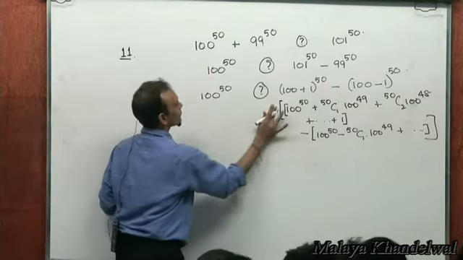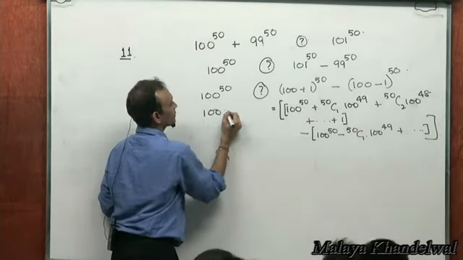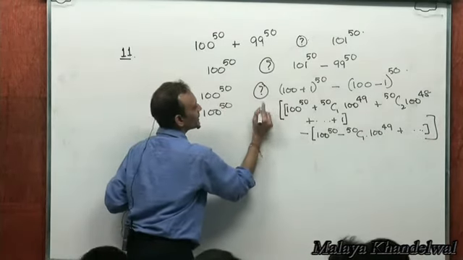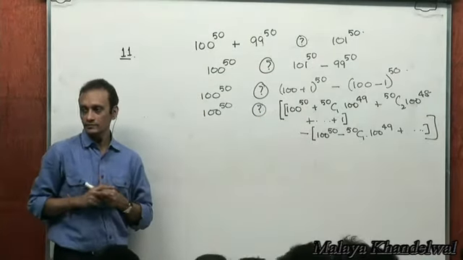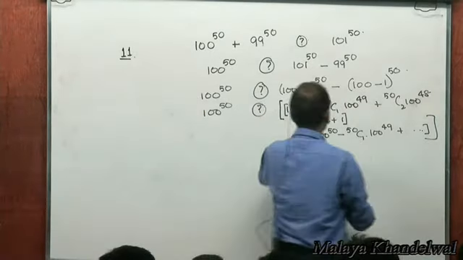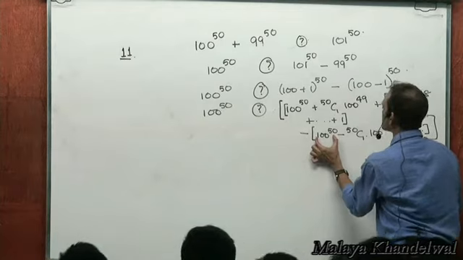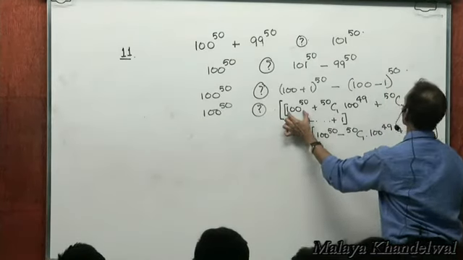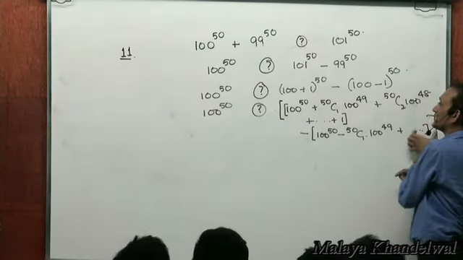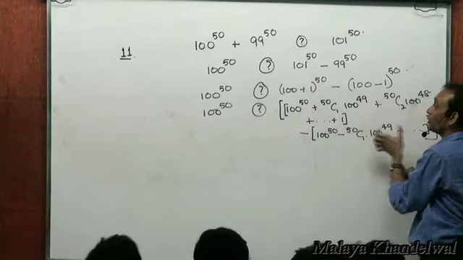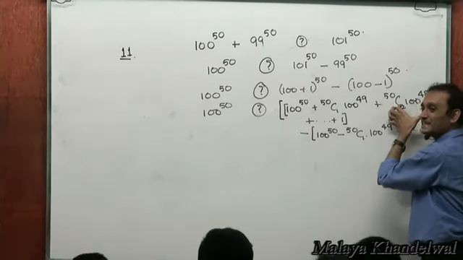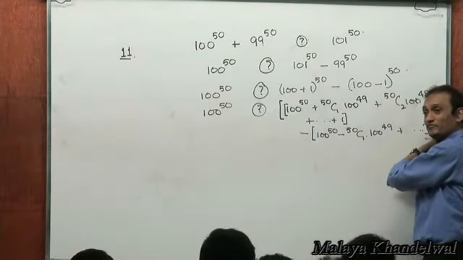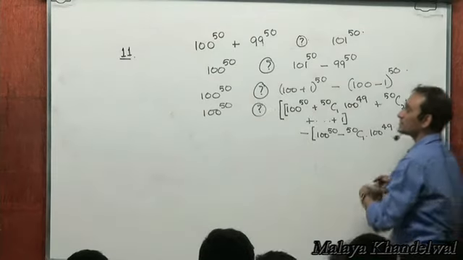So 100 to power 50, now we are comparing with this. Now realize that 100 to power 50 will get cancelled with 100 to power 50, 100 to power 48 will get cancelled with 100 to power 48 here. What remains is 50C1 twice, 50C3 twice, 50C5 twice when I do this, right?